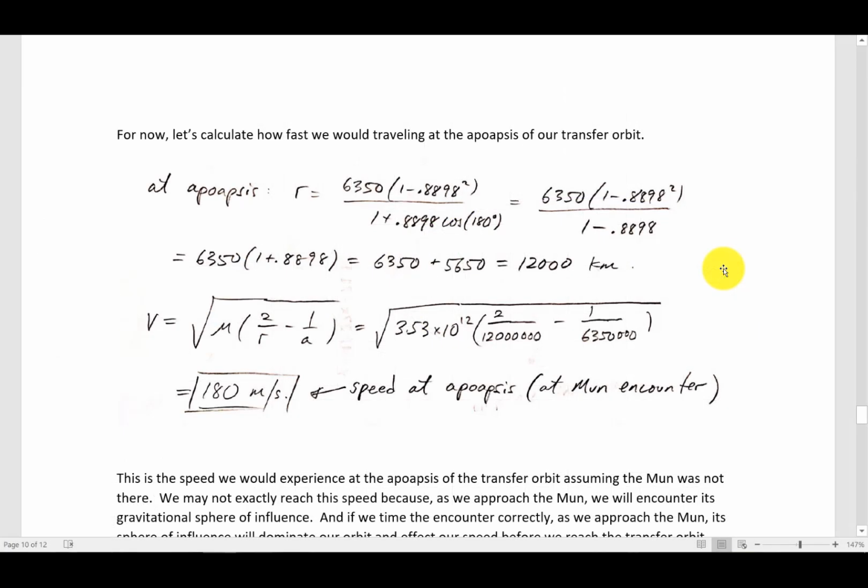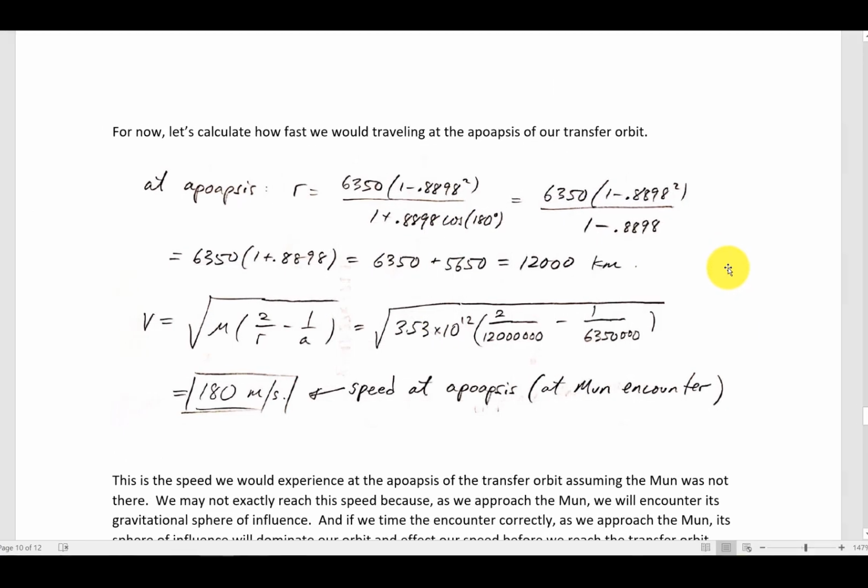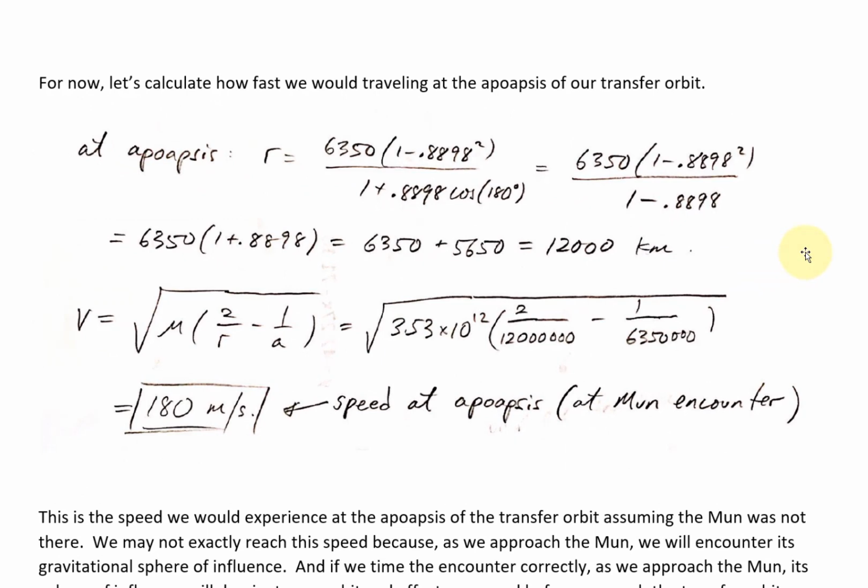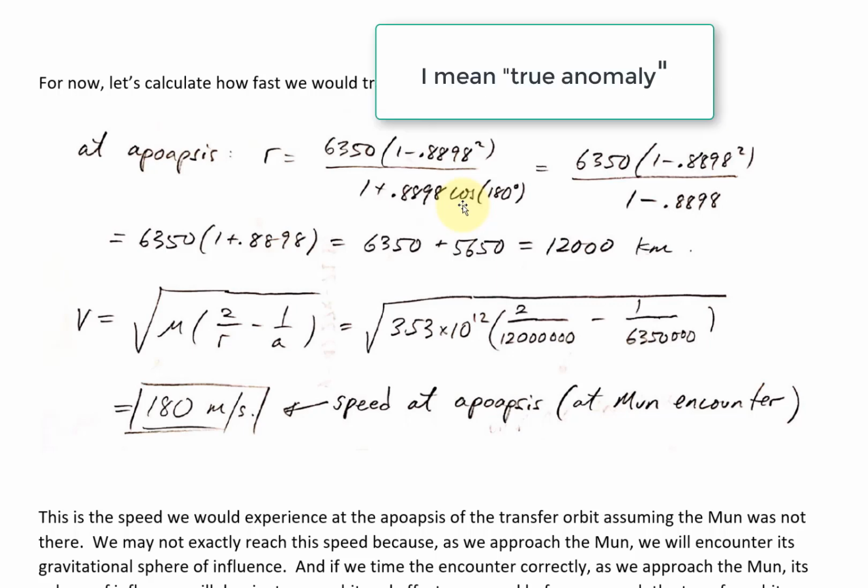Let's calculate how fast we would be traveling at the apoapsis of the transfer orbit. So at the apoapsis, the position we can compute by the polar equation for the ellipse, and of course I know that it's 12,000 kilometers, but it's kind of nice to see confirming that if you put 180 degrees for the mean anomaly, you're exactly at the apoapsis.